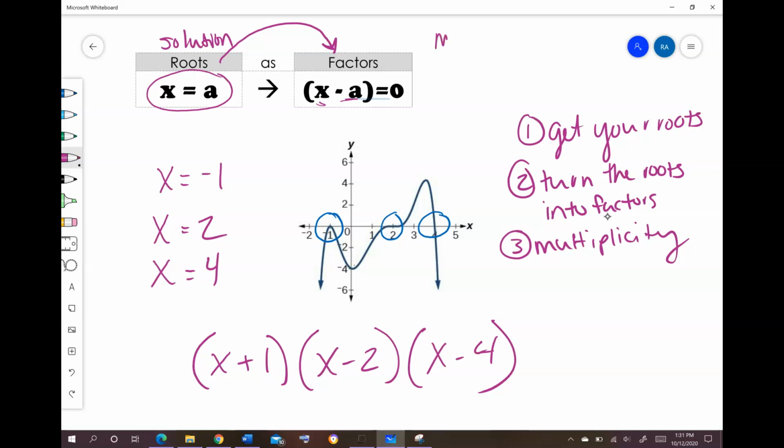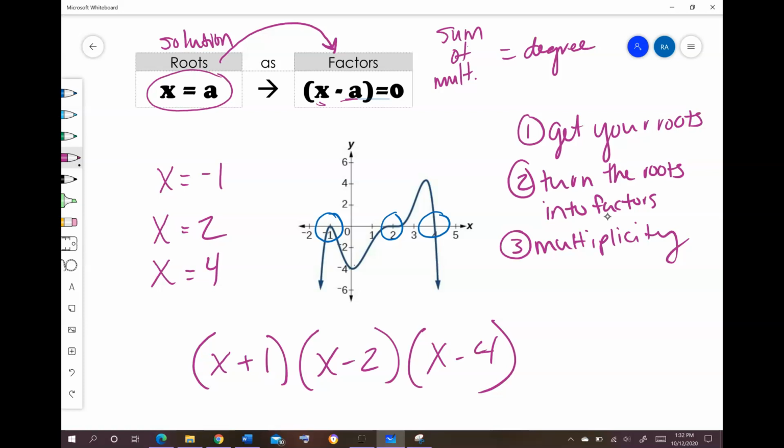So the sum of your multiplicities equals your degree. Basically that means the sum of all your tiny numbers should equal your humps plus 1. So all my tiny numbers should equal 1, 2, 3, so 4. So these tiny numbers should equal 4.